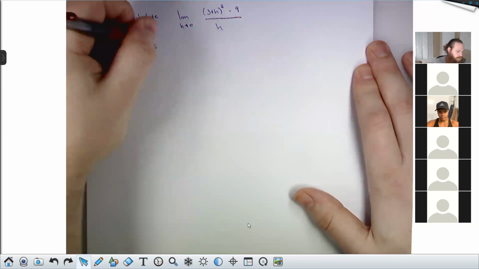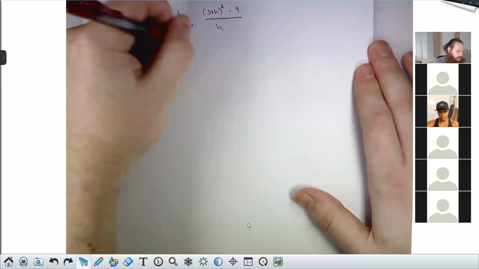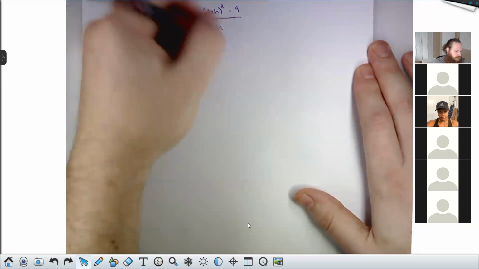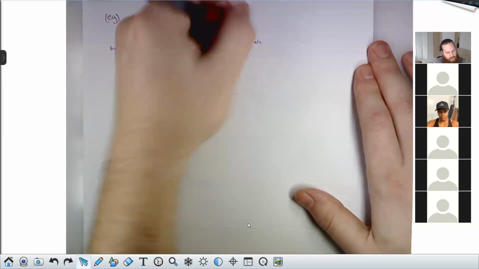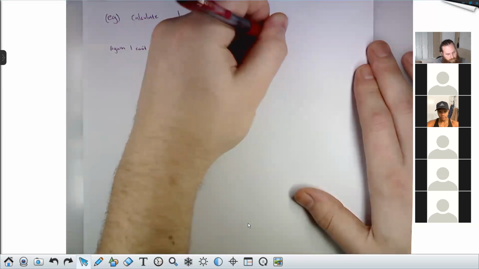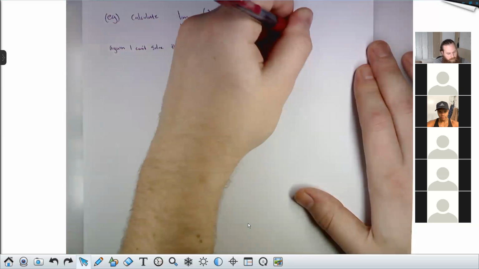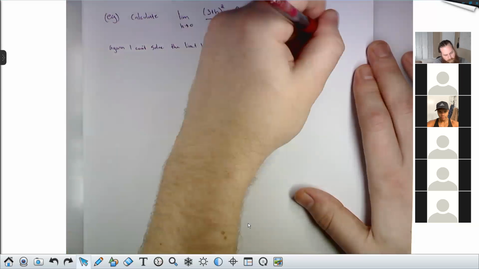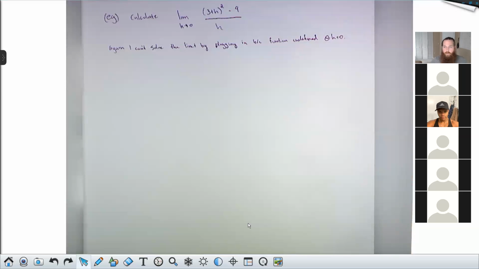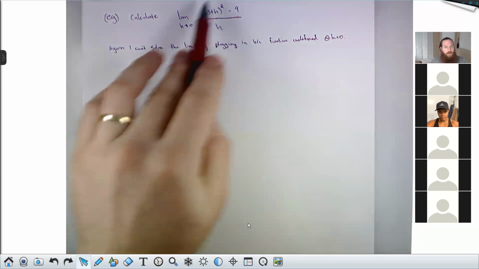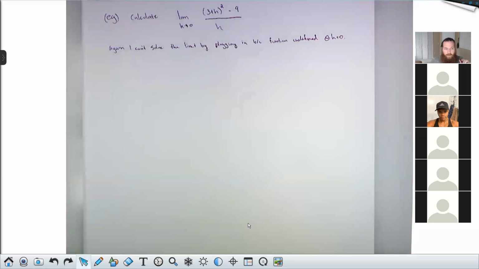I can't solve the limit by plugging in, because the function is undefined at h equals 0. But I'm going to do some algebra to come up with another function that agrees with this function everywhere except at 0. In particular, agrees very, very, very nearby 0. Any ideas how I can do that?